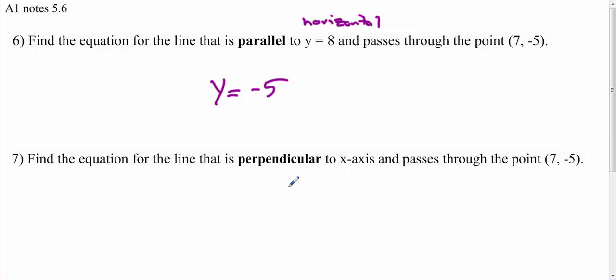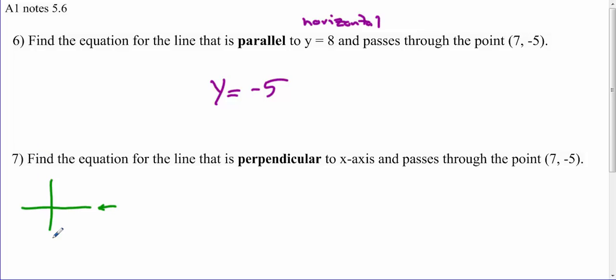You got to think about this in a minute. Find the equation for the line, and there are a few things going on, that is perpendicular to the x-axis. Now remember, the x-axis is that one right there. Well, what's perpendicular to the x-axis?